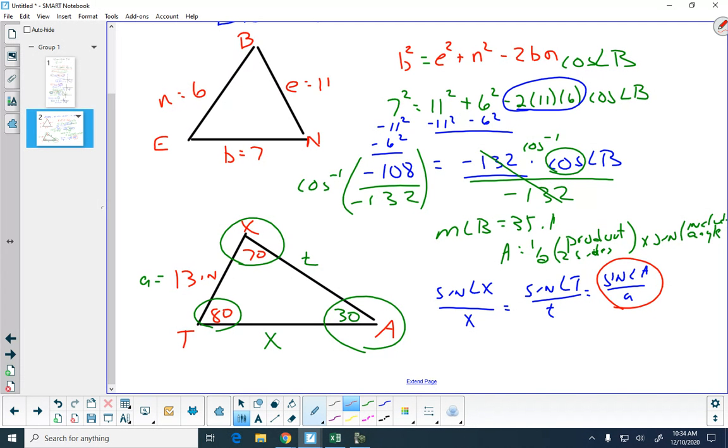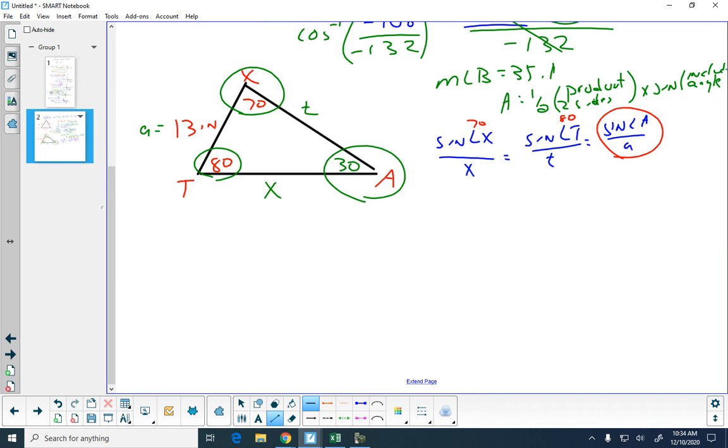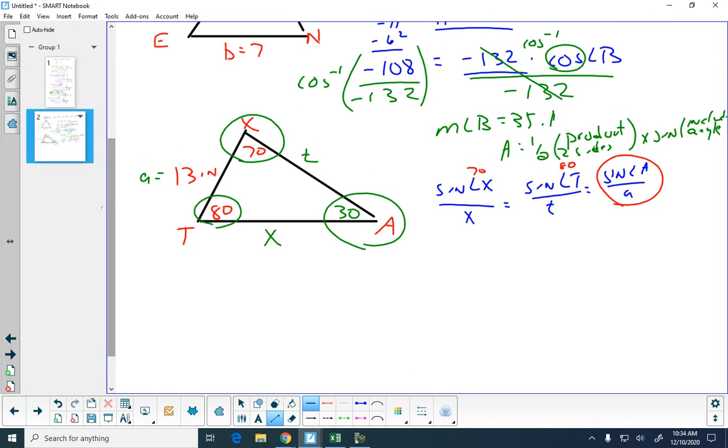We know X is 70. We know angle T is 80. I want you to either calculate little x or little t. Does not matter. And you're utilizing your law of sines.